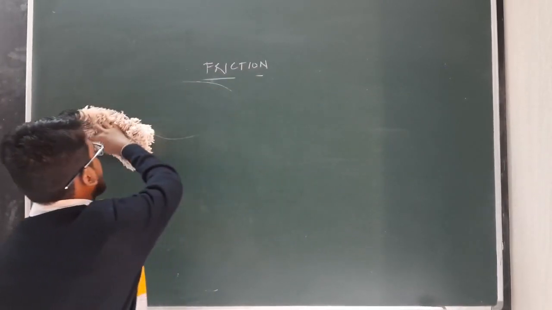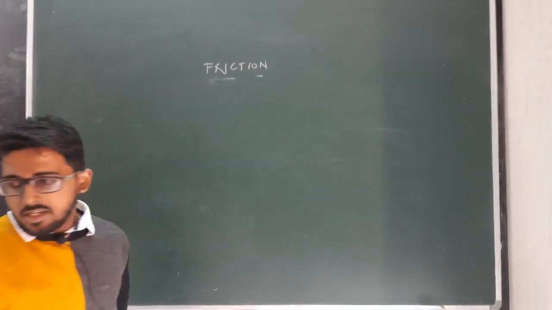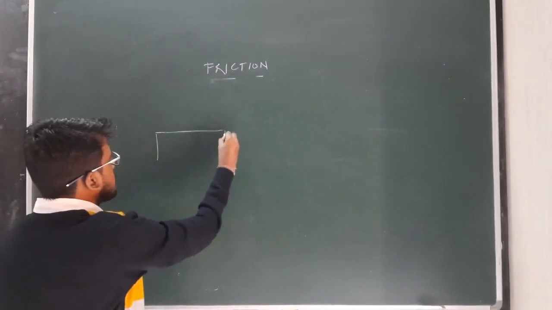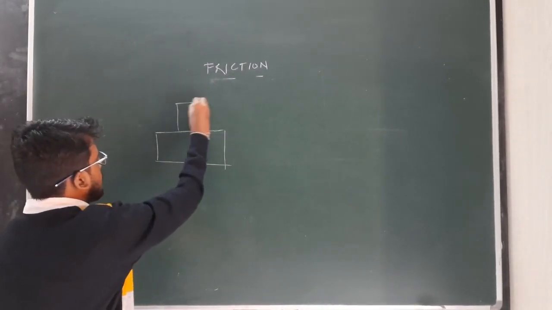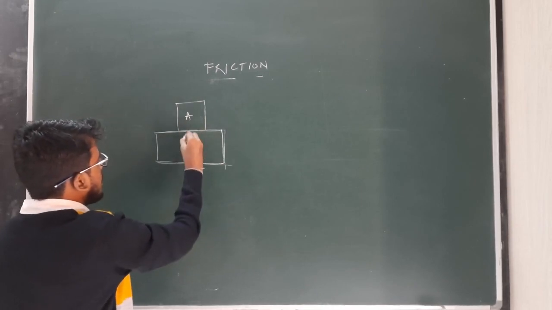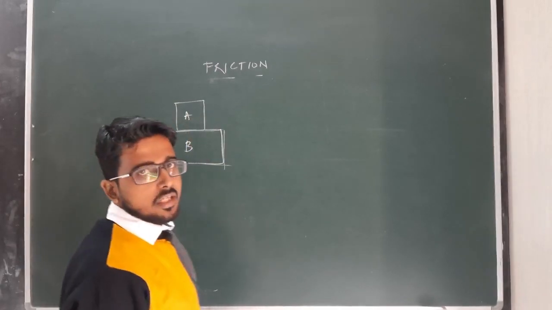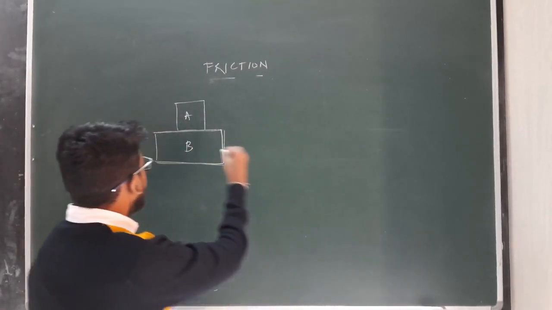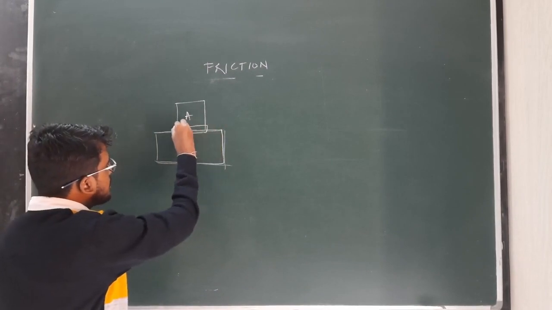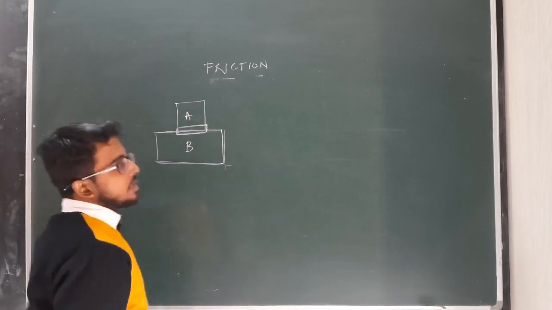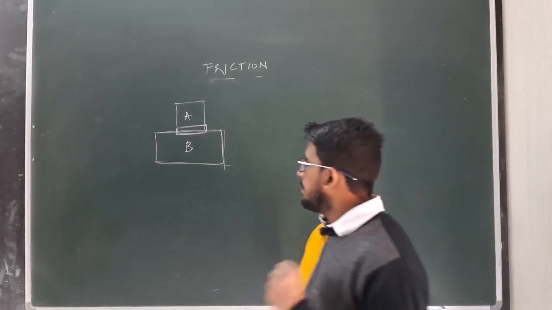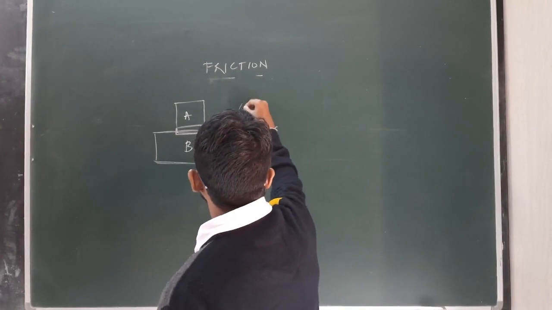Whenever two surfaces are in contact, for example if I consider a block here and another block here, these two blocks A and B are in physical contact with each other. That means at the portion where the two blocks are in contact, there must be a contact force acting on each other.